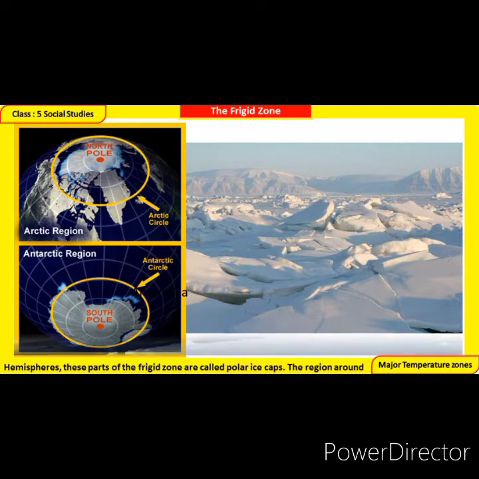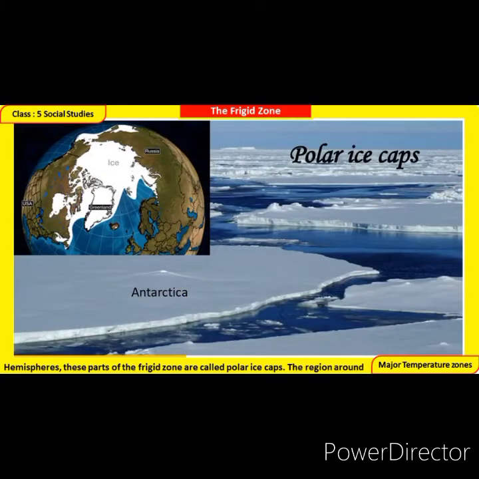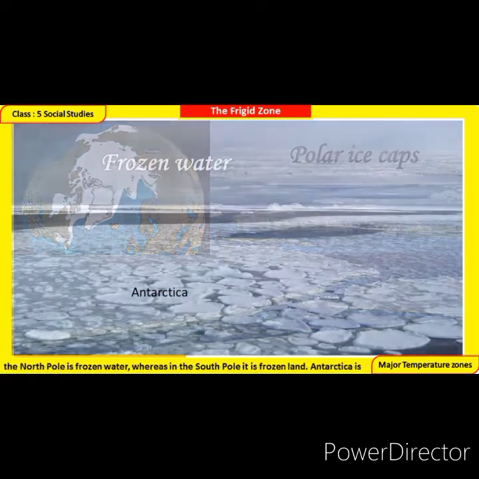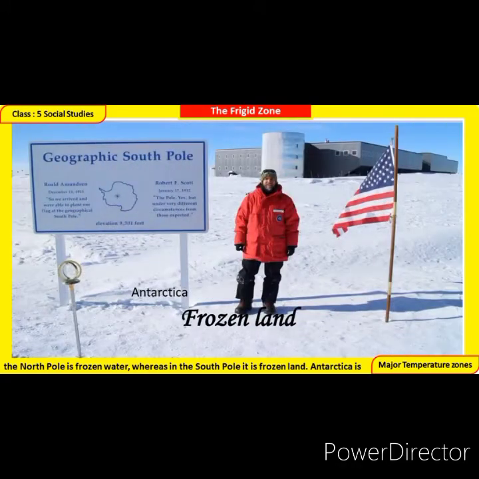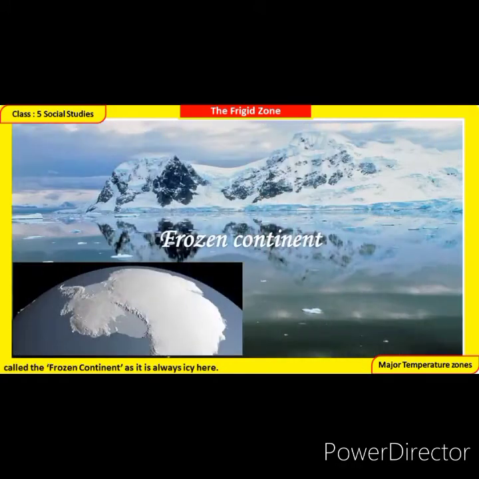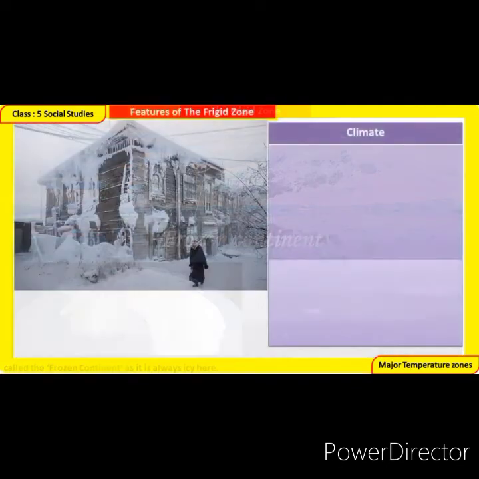Then the frigid zone. When we talk about the frigid zone, it is the coldest zone. It includes the northern parts of Asia, Europe, and North America, and the frozen areas to the north. Antarctica lies in the southern frigid zone. The regions around the poles in the frigid zones are permanently frozen, children.